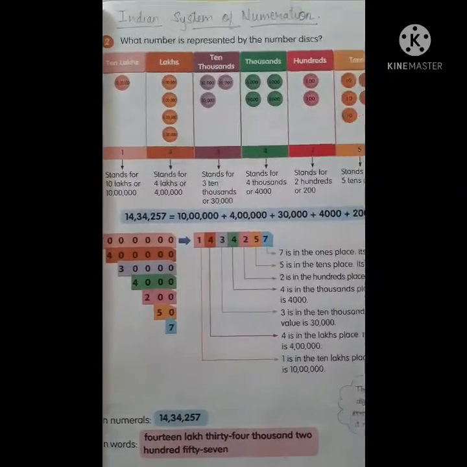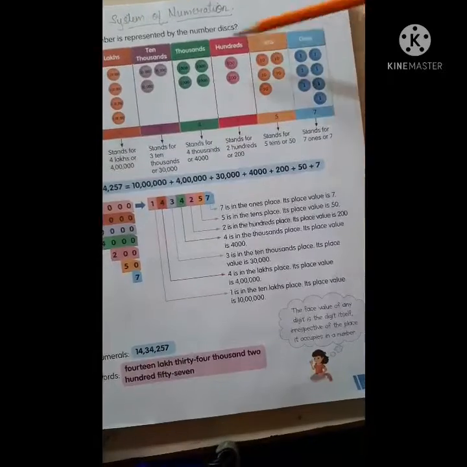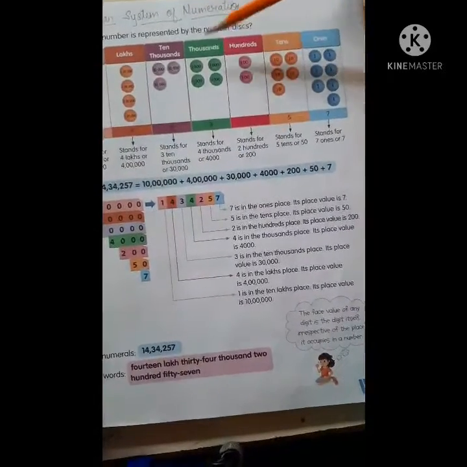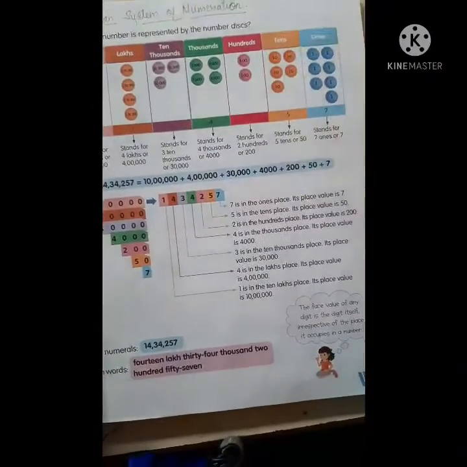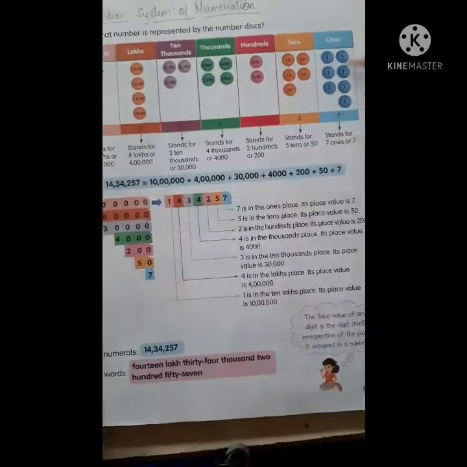You can see we always start counting our numbers from ones, tens, hundreds, thousands, 10,000, lakhs and 10 lakhs. We write like this. Let us see 7.